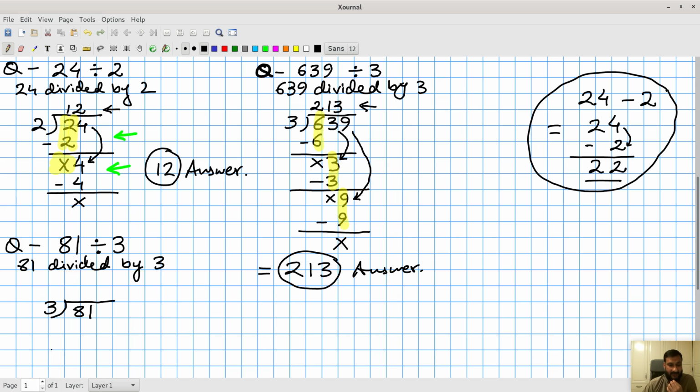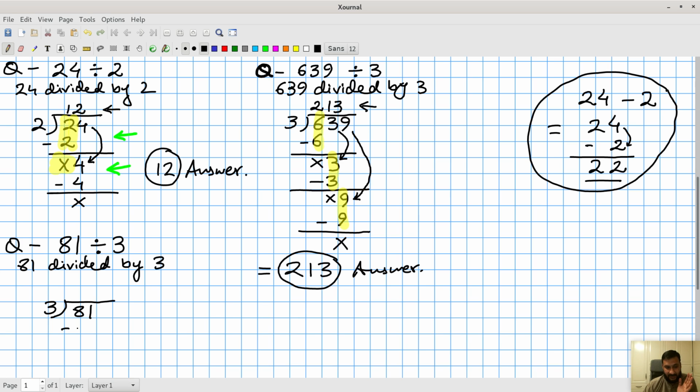But we can't use 9, right? The principle says that the number which you get after multiplying with the divisor should be either equal to or less than the number being divided. So that means we can't use 3 3s or 9.